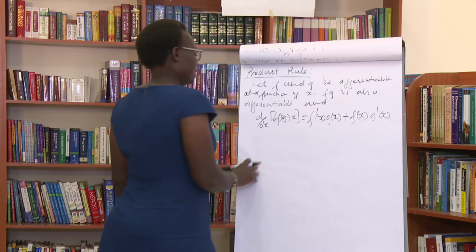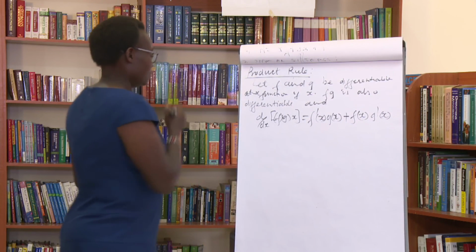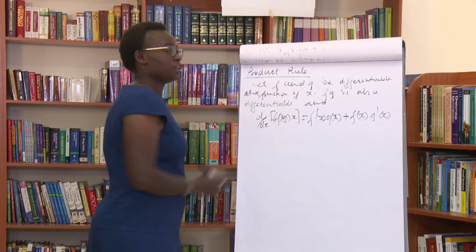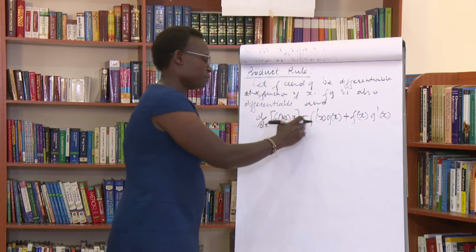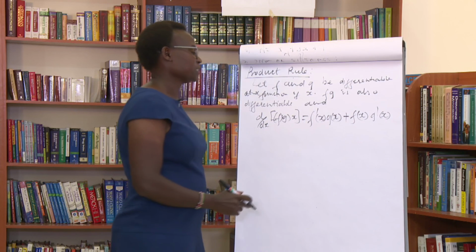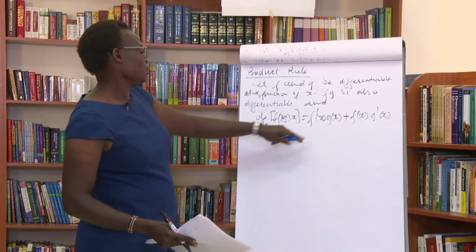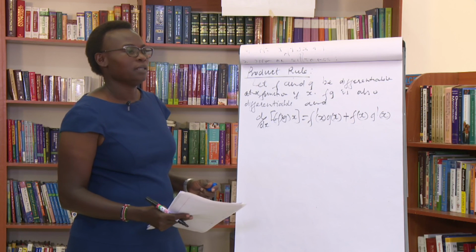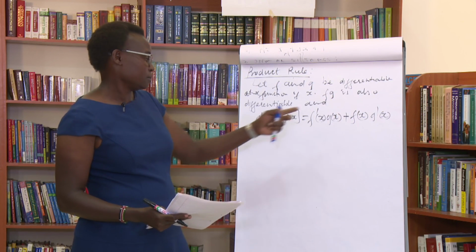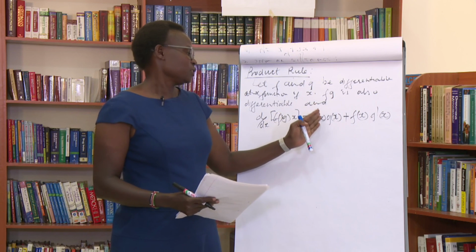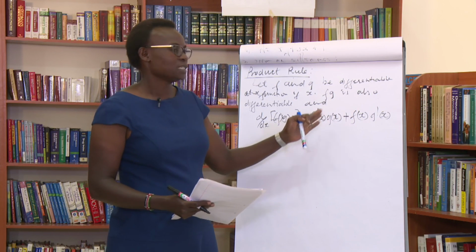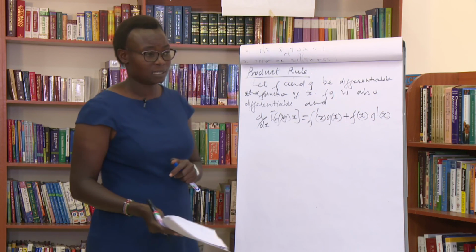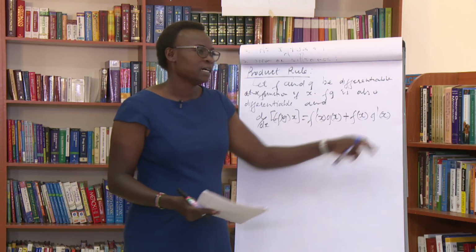You get the derivative of the first function multiplied by the second function as it is, and then you add the first function as it is multiplied by the derivative of the second.